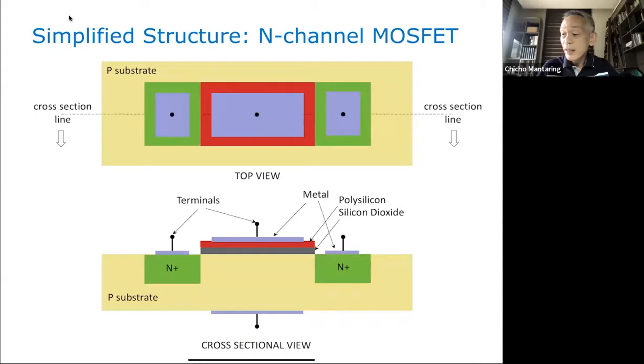And then in the middle, between the two islands, first you have a layer of silicon dioxide. Silicon dioxide is actually an insulator. Actually, it's a form of glass. If you take a look at it under a microscope, it looks like glass. And then on top of your silicon dioxide, you have polysilicon. Polysilicon is silicon, but polymorphic, or not a single crystal structure.